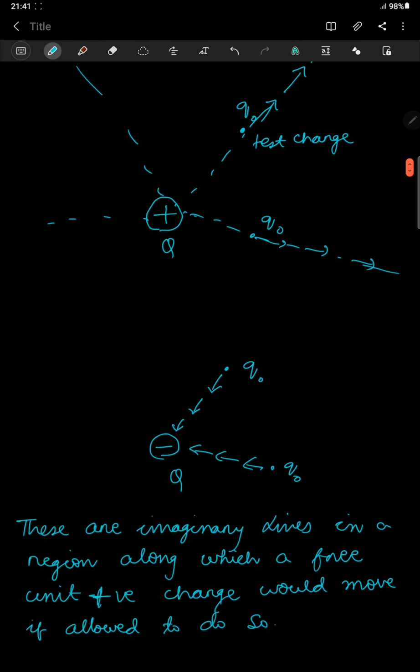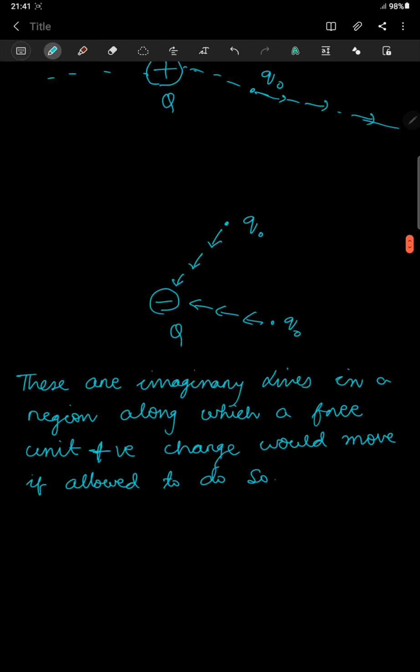Okay, so wherever this test charge moves, that direction will give you the electric field lines.